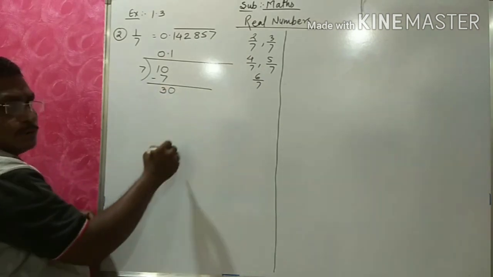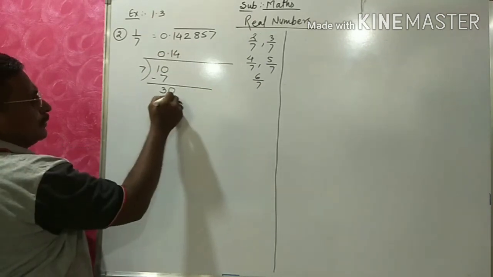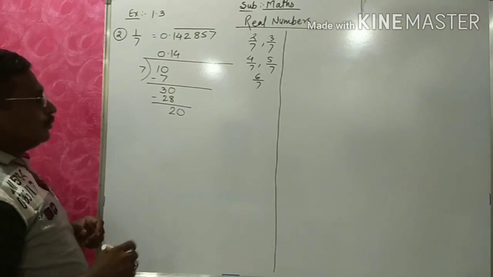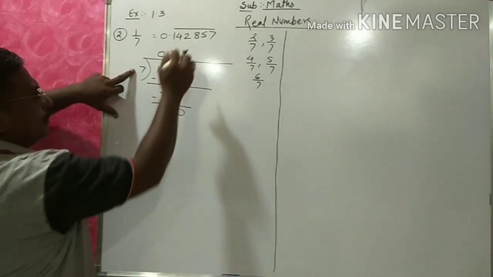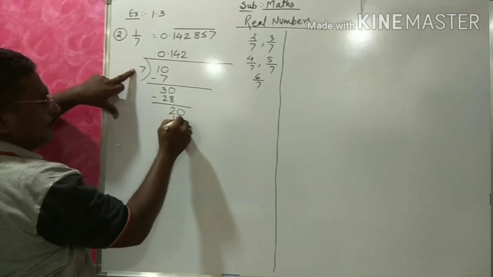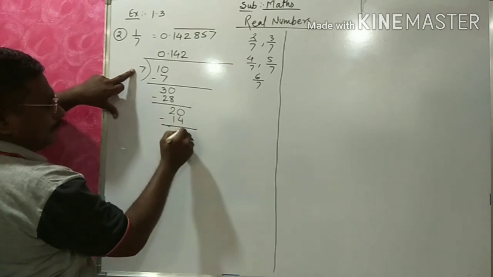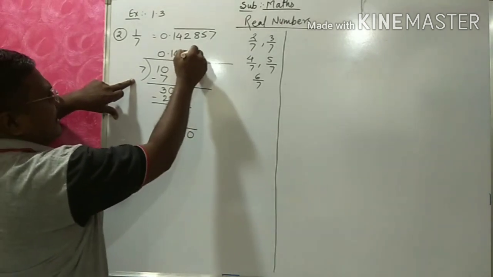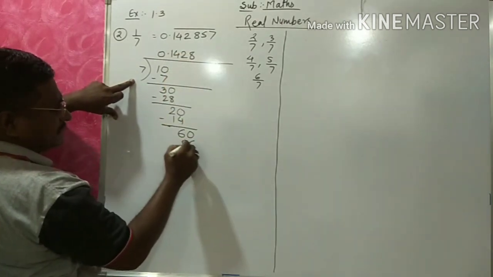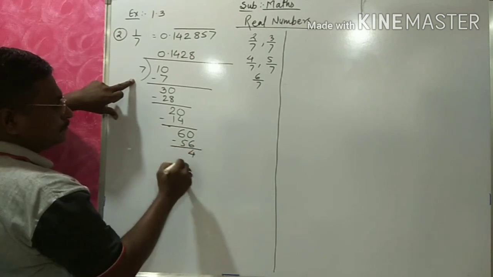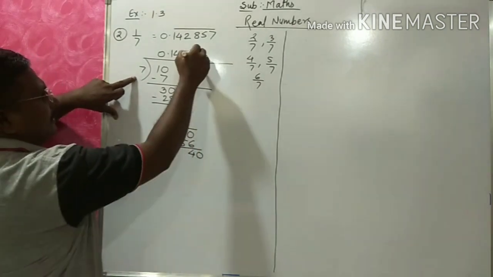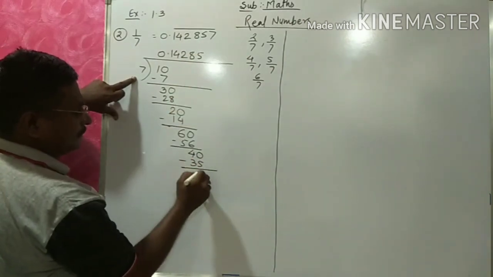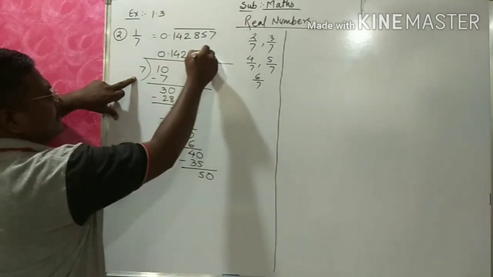Now again 0, 30. 7 fours are 28, remainder 2, 20. 7 twos are 14, remainder 6, 60. 7 eights are 56, remainder 4, 40. 7 fives are 35, remainder 5, 50. 7 sevens are 49.